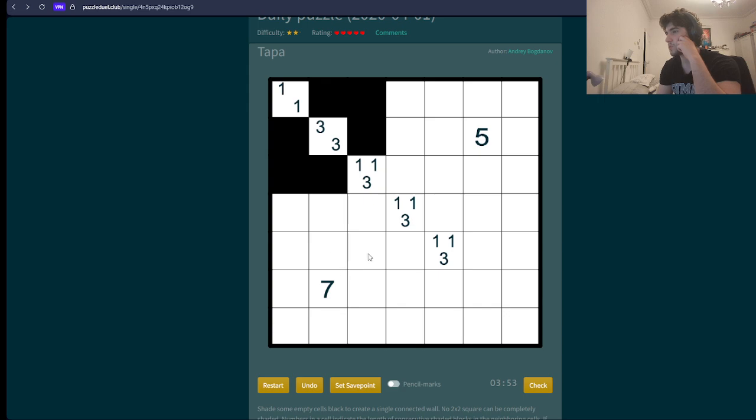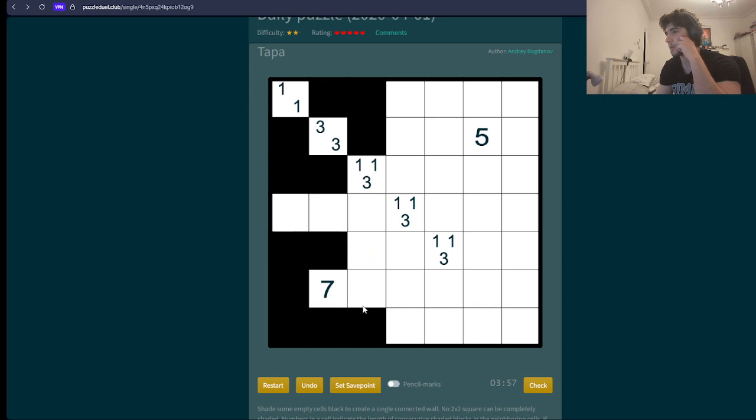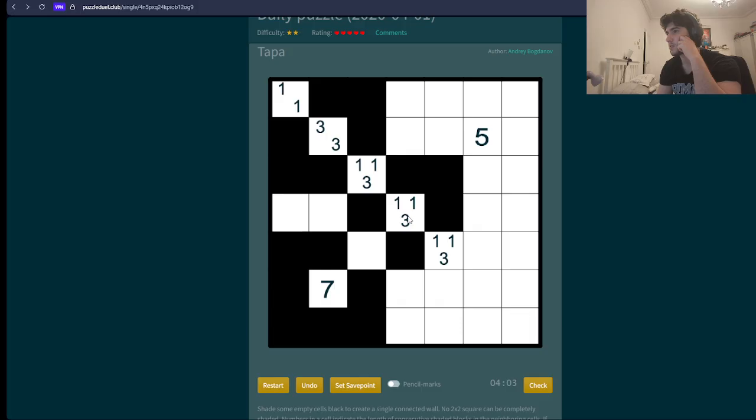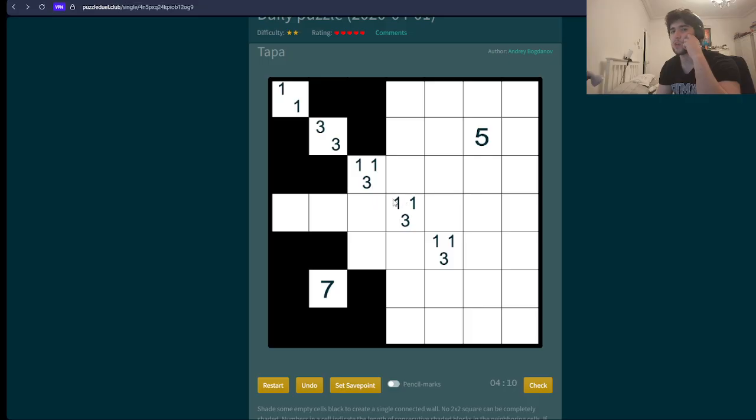So if this cell here was white, then the rest of these would have to be black. And then you'd have to have here 1, 1, 3 like this. Right, surely, for this specific 1, 1, 3, because if you were to try and make 3 here, then you would have 8, so that can't work.